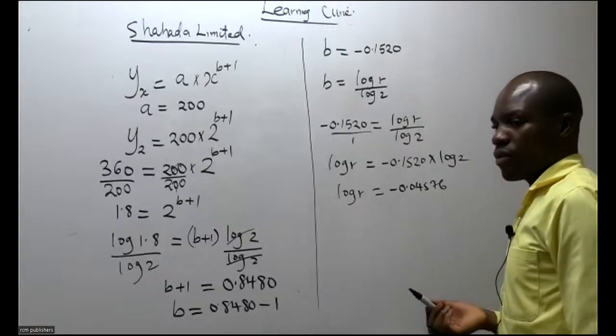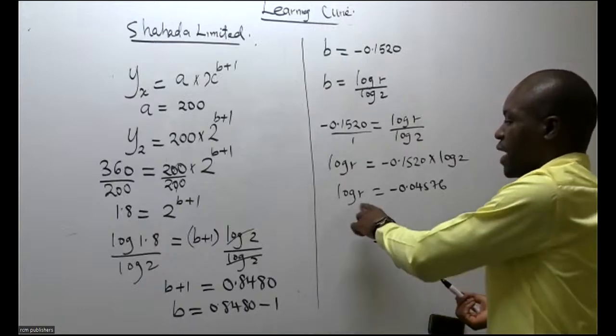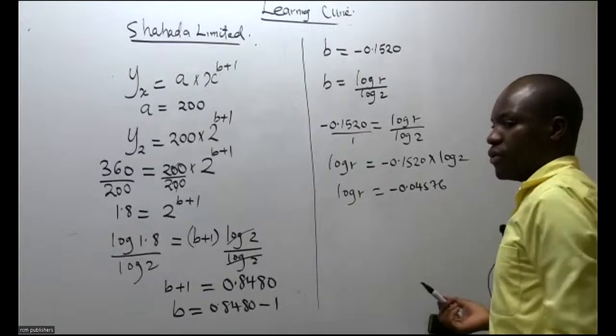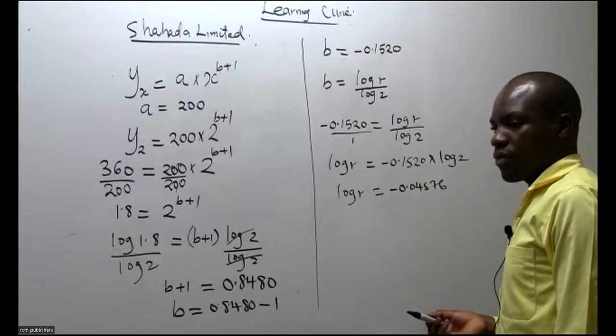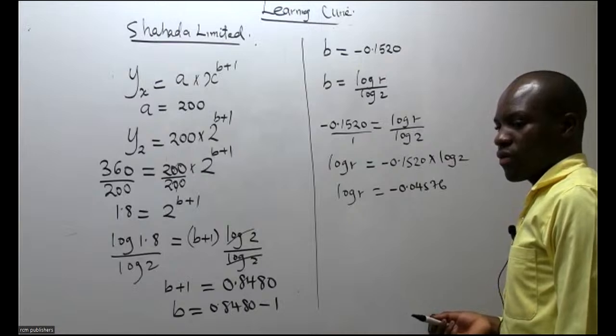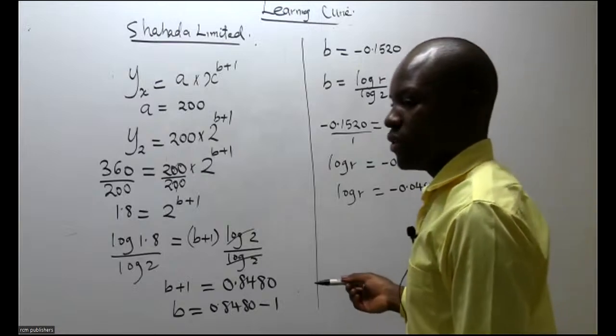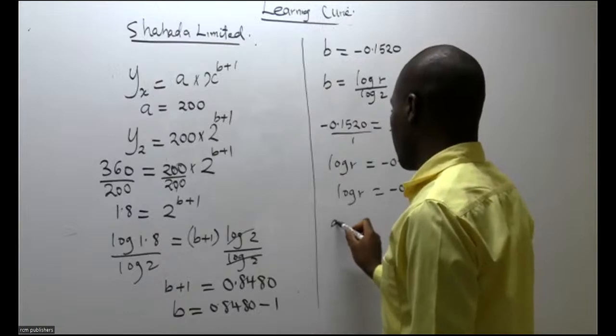What do I do if I want to get R now, not log R? I need to get the anti-log. Just get the anti-log.